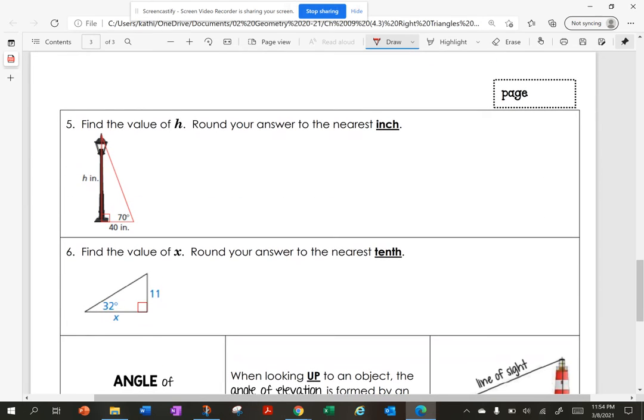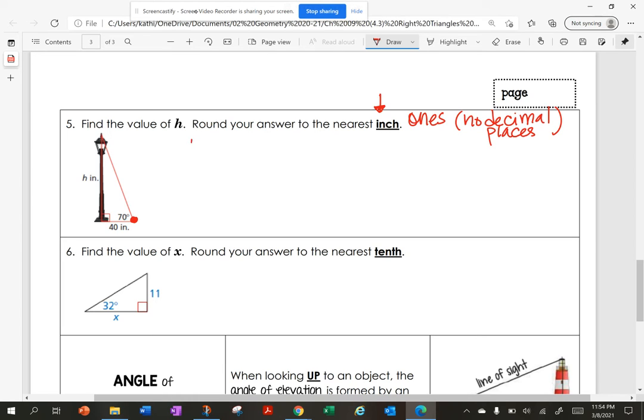Let's try a word problem. Let's find the value of H. I'm going to round my answer to the nearest inch. So the nearest inch would be ones, so no decimal places. Okay. So I'm going to make 70 my reference angle.